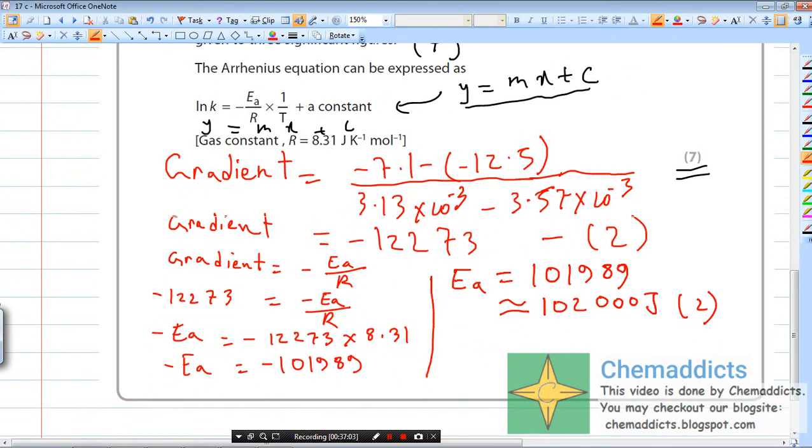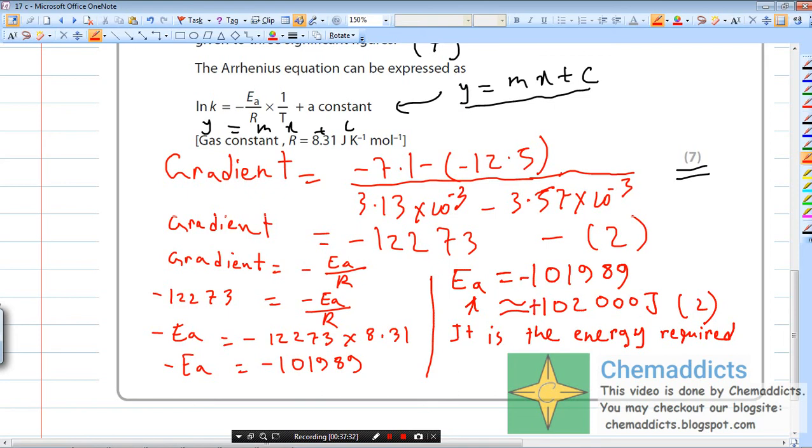Here is one thing that you need to know: the definition for activation energy is the energy required for the reaction to occur. It is the minimum energy required, so it must be positive.